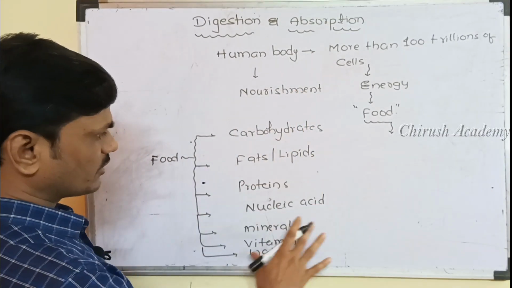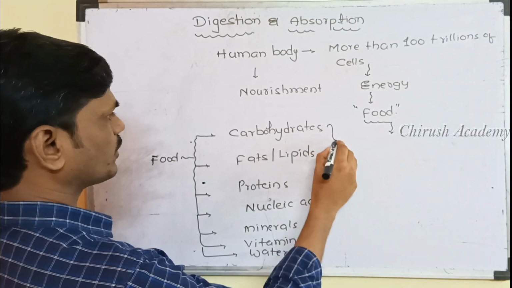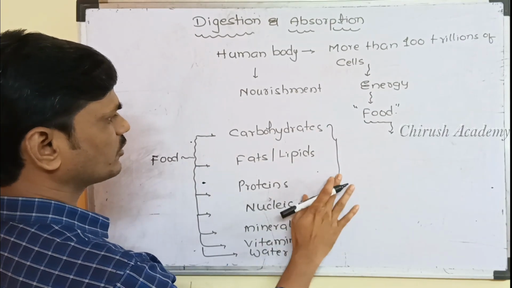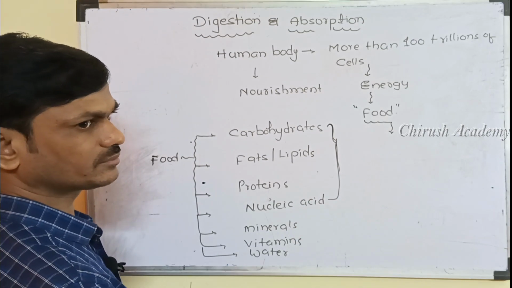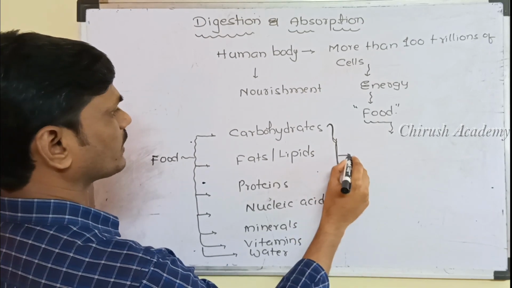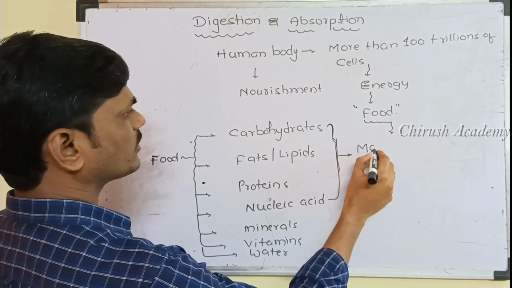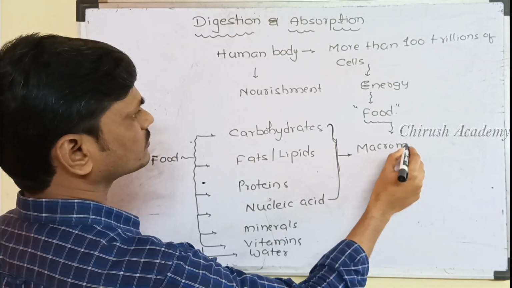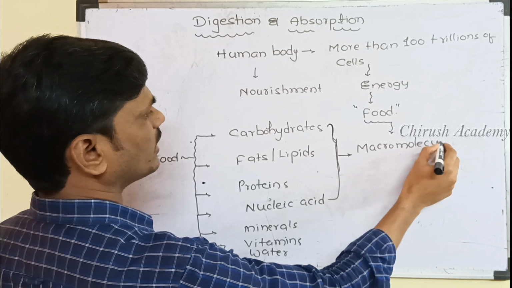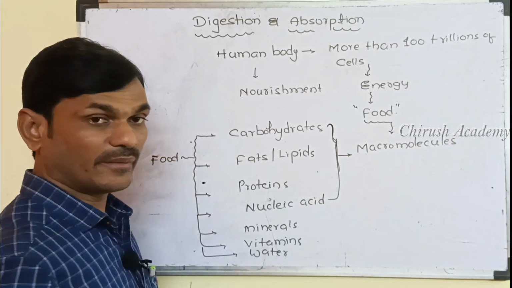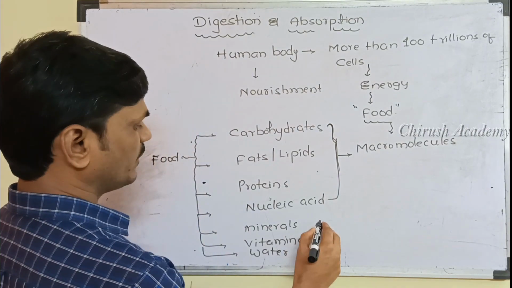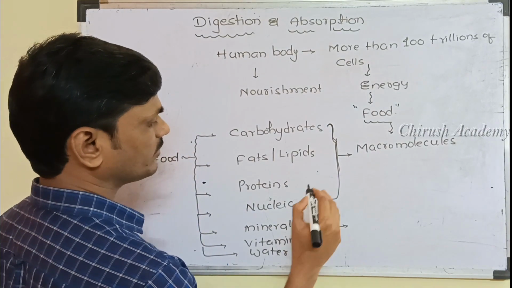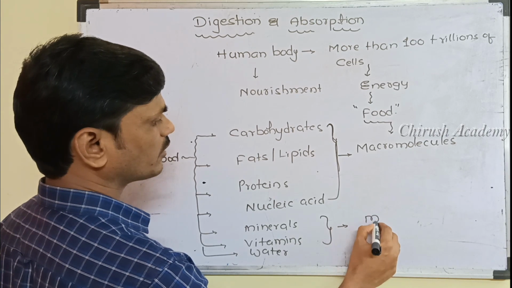Among these food components, proteins, fats or lipids, and nucleic acids we call macromolecules, or biomacromolecules. And minerals and vitamins we call biomicromolecules.